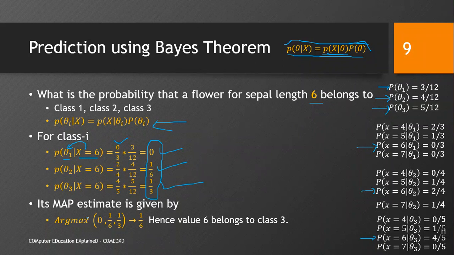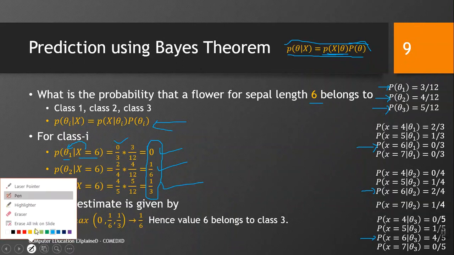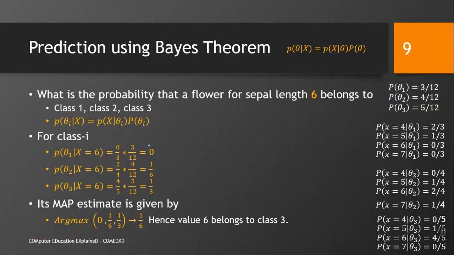It is a MAP estimate. The MAP estimate is given by the maximum a posteriori. Remember that we have calculated the posteriors. All these 3 values are the posteriors, one for each class. We want to see which one is the maximum, that is 1 over 3.